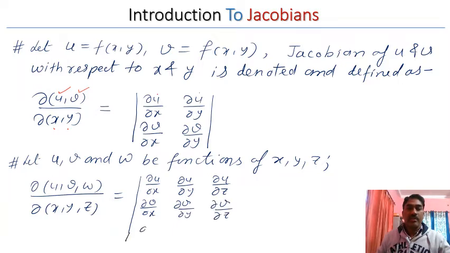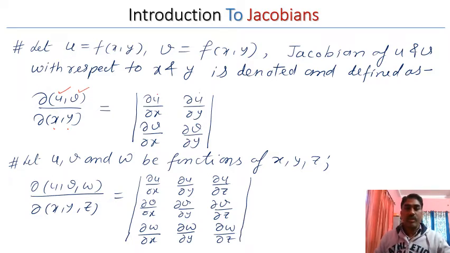Then finally del w by del x, del w by del y and del w by del z. So this is how we write the determinant, so we write Jacobians.